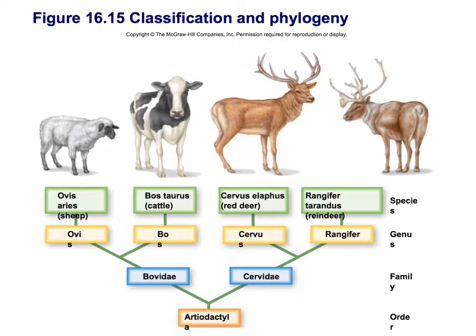I want to point out, though, that this is not always the case. Sometimes our traditional classification system does not reflect the evolutionary history of the animals. And in these cases, we're often recategorizing, regrouping, and reorganizing our classification system.